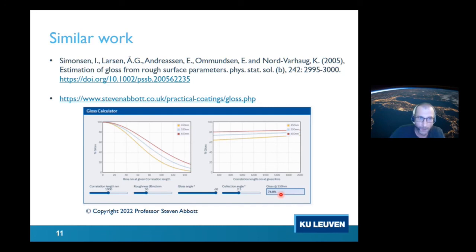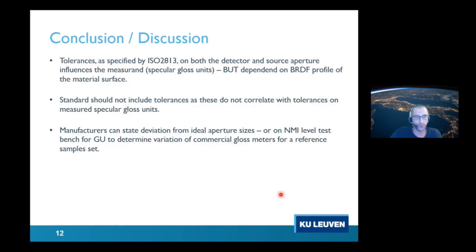But my conclusion is that all these tolerances, as they are specified for both the detector and the source aperture, influence what we are measuring. We want to measure specular gloss units, but the deviations in the reported gloss units that you can expect depend on the BRDF profile of the material surface.